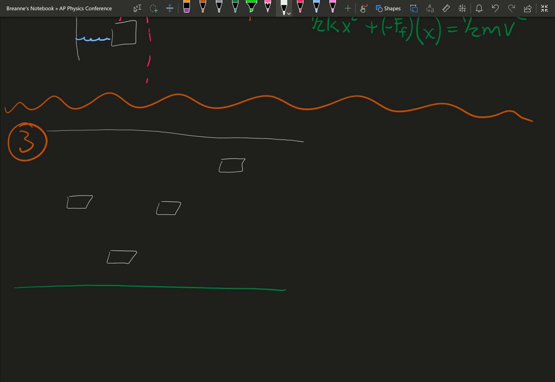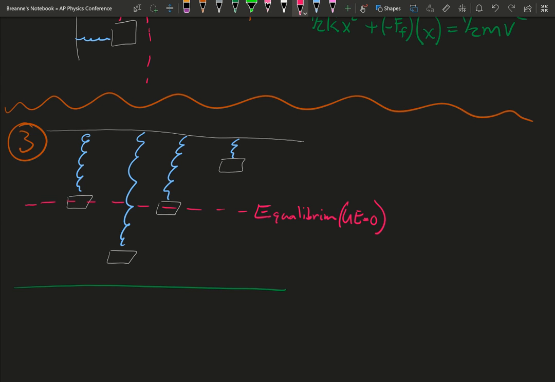I'm trying to do the masses first, because I kept messing up the springs. Spring, spring, spring, spring. In the middle is our equilibrium, where our elastic potential is 0.